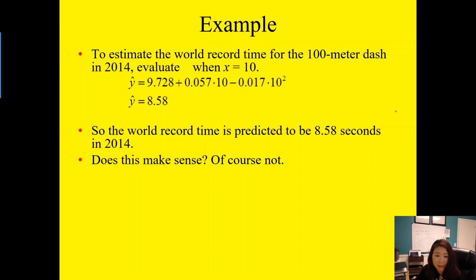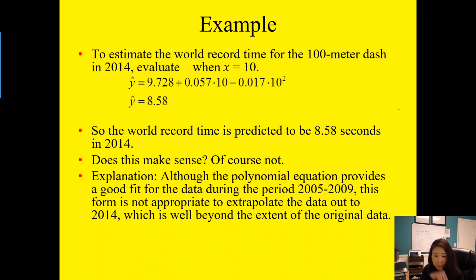The reason is that although the polynomial equation provides a good fit for the data during the period 2005-2009, this form is not appropriate to extrapolate the data out to 2014. Why? Because the sample data has to be able to represent the population.